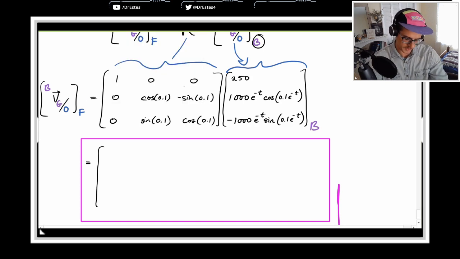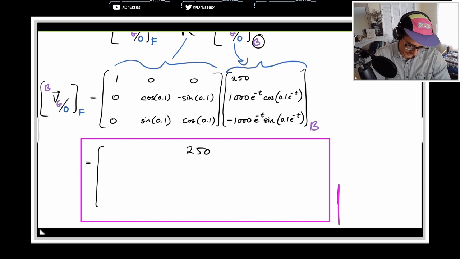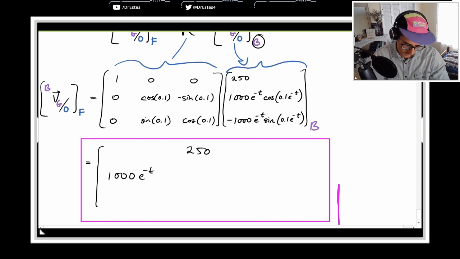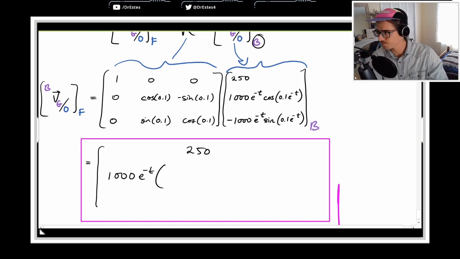So I'm going to have this row times this column, so that row is easy. It just turns out to be 250. And then this next one, I'm going to have 1000 e to the minus t. I can factor that all out.